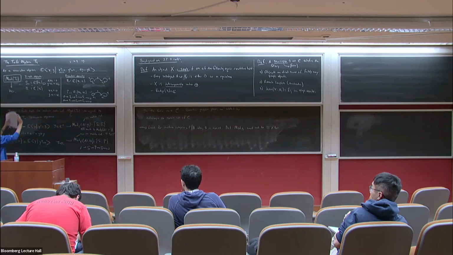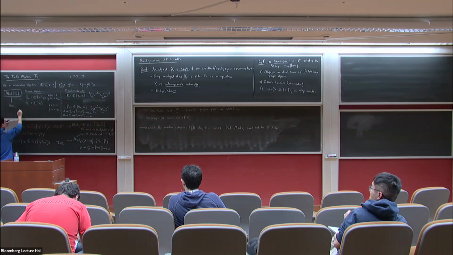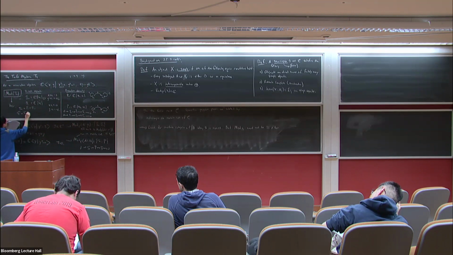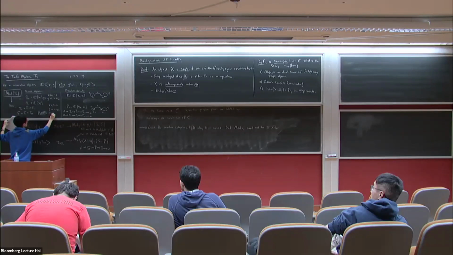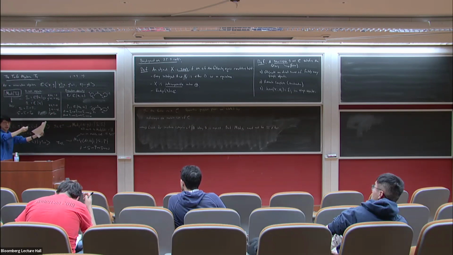So this looks like Rep C2. And then P1 tensor, so let's say Pi tensor Pj is equal to P1 plus P0, P0 plus P1. Projective objects are always ideals inside this category. So you take a projective object, and it always leads you into the projective objects.